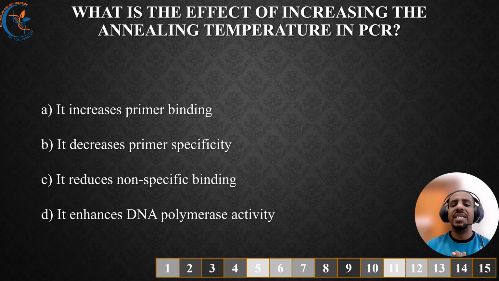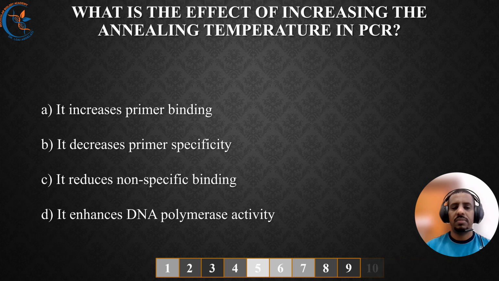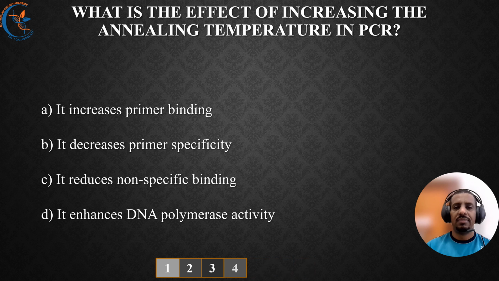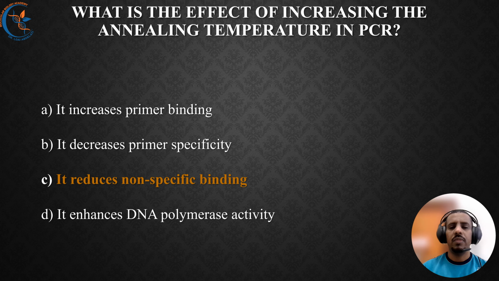What is the effect of increasing the annealing temperature in PCR? The correct answer is reduce non-specific binding. Increasing the annealing temperature can help reduce non-specific binding of primers to non-target sequences, thereby increasing the specificity of the PCR reaction. Let's move on.